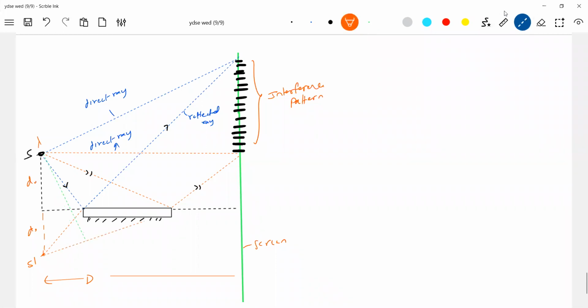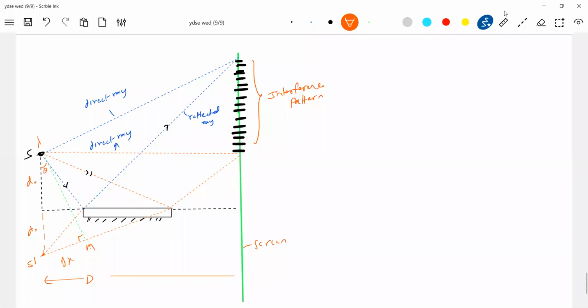Some rough diagram. Okay, this is the angle 90 degrees, call it M. So there's a path difference between these two rays. Call this theta. So what is the path difference now?